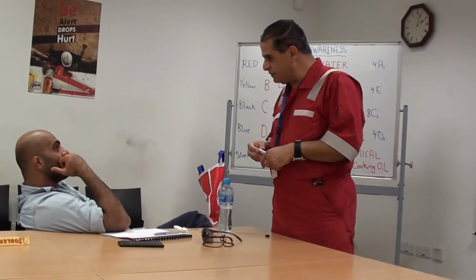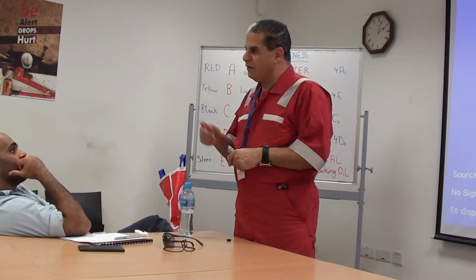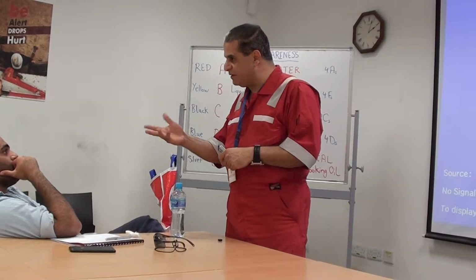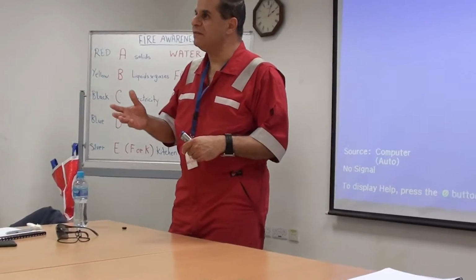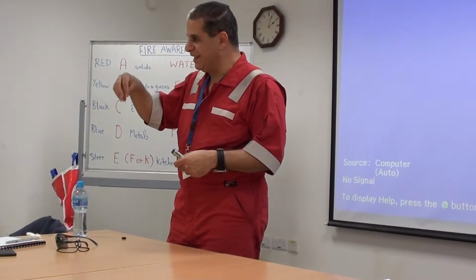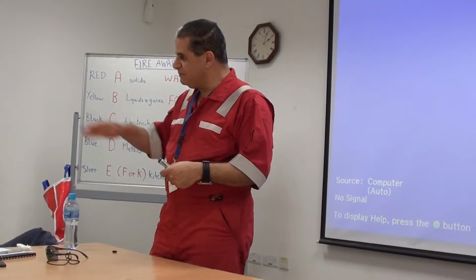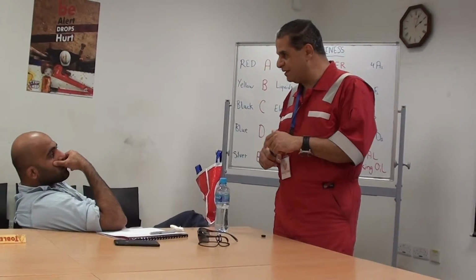If you put the toast in the toaster every morning when you are heating up the toast, for 1 minute it turns yellow. For 2 minutes it turns light brown. For 3 minutes it turns black. What happens? The water inside the bread has evaporated with the heat, and only carbon remained. Carbon is black in color.